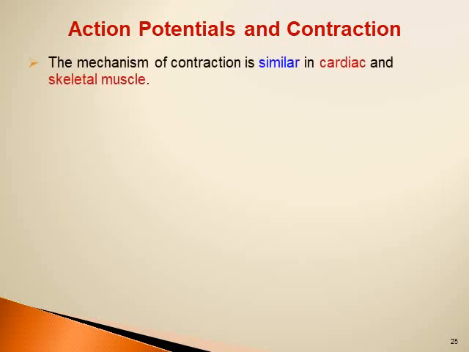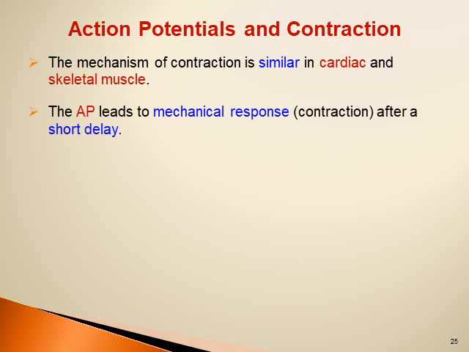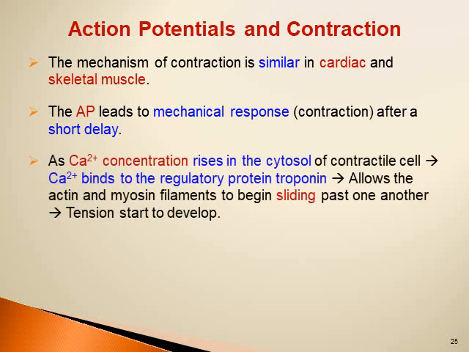The mechanism of contraction is similar in cardiac and skeletal muscle. The action potential leads to a mechanical response, that is contraction, after a short delay. As calcium concentration rises in the cytosol of the contractile cell, calcium binds to the regulatory protein troponin.